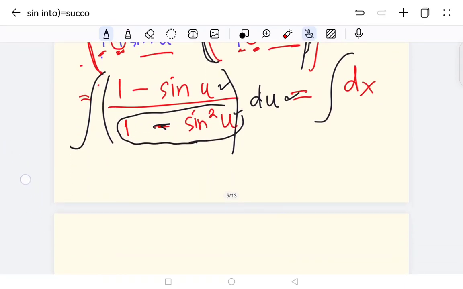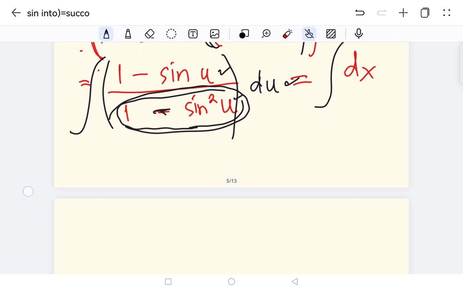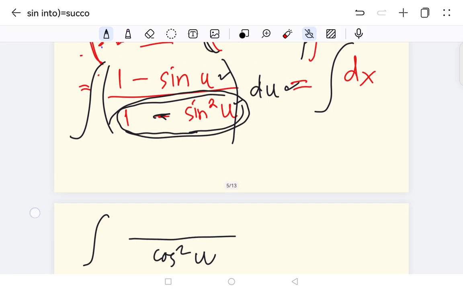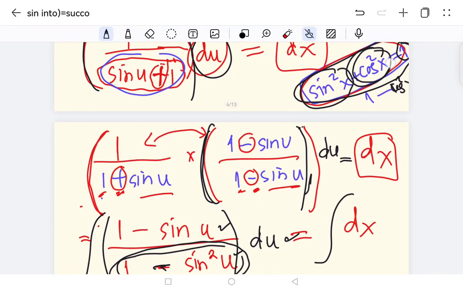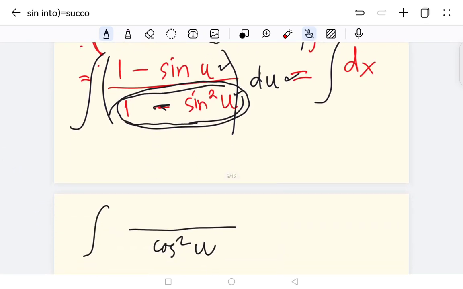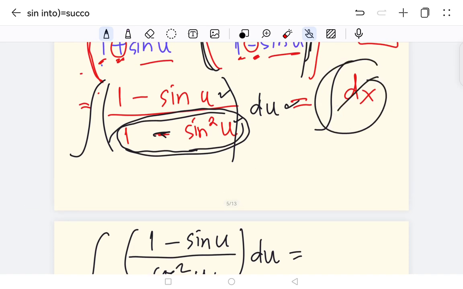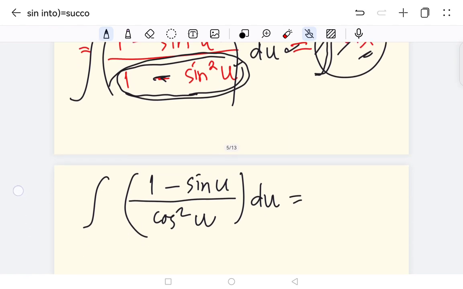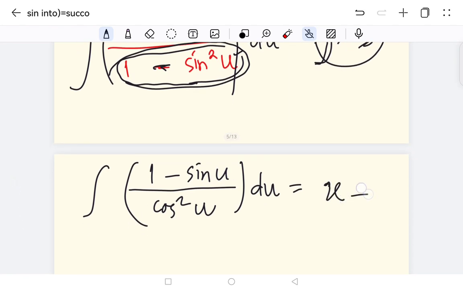So you can replace this as cos squared u. Cos squared u is 1 minus this. All right, so 1 minus sine u on the top still, and put the bracket du equals the integral of dx, cancel, is x, and because it's indefinite, x plus c.